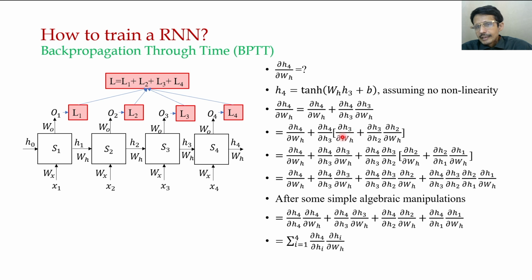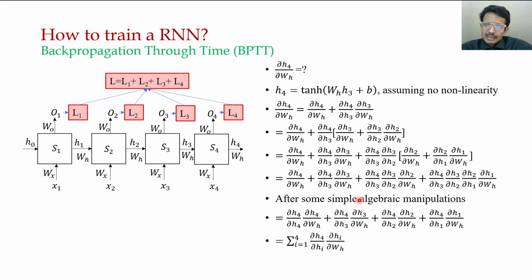So dH3 by dWH plus del H3 by del H2 times del H2 by del WH. Again we expand del H2 by del WH in this way: del H2 by del WH plus del H2 by del H1 times del H1 by del WH. Then we sum it, do this multiplication, and come up with this equation.